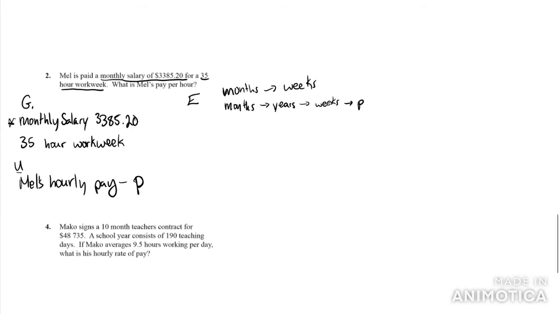So in this case, I'm going to have 3 equations, because then I can go from weeks to pay. So my first equation, I'll call it number 1, is I'm going to do months to years. So I'll calculate yearly salary is equal to monthly salary times 12. Notice how I'm not plugging in any of my givens yet.